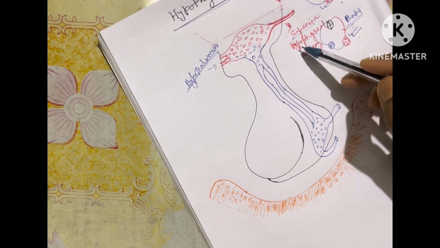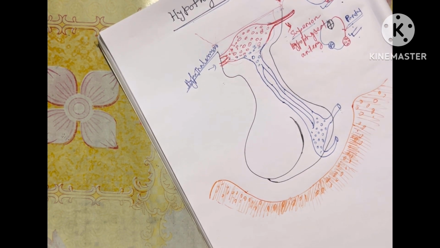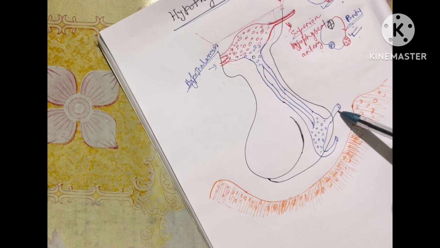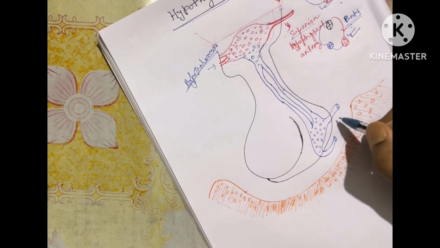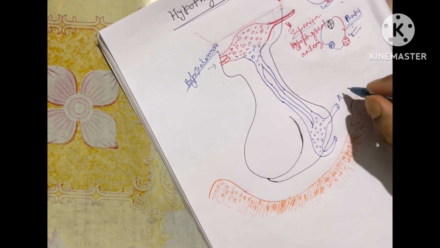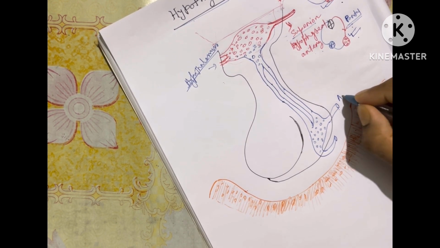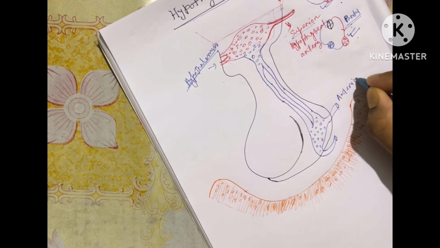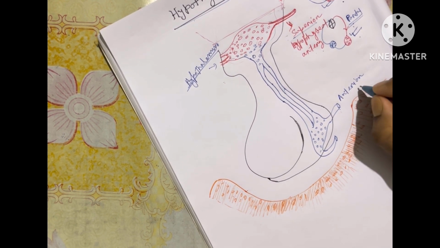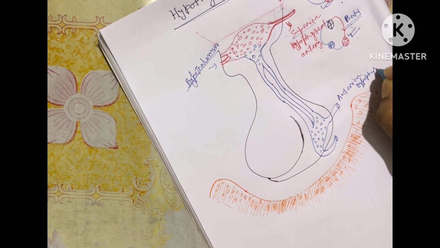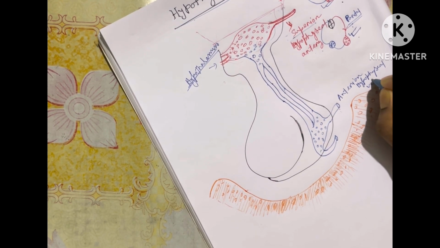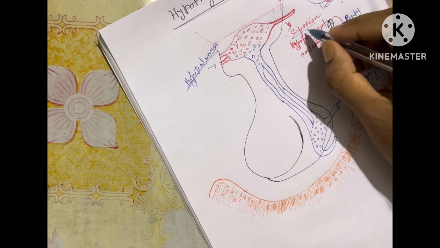So this is the superior hypophyseal artery, and now this is the anterior hypophyseal vein. As an artery is connected with a vein, that is why it is called anterior. Why is it anterior, and why is it superior?